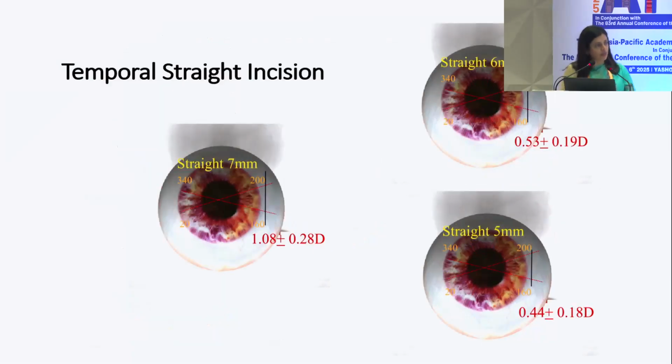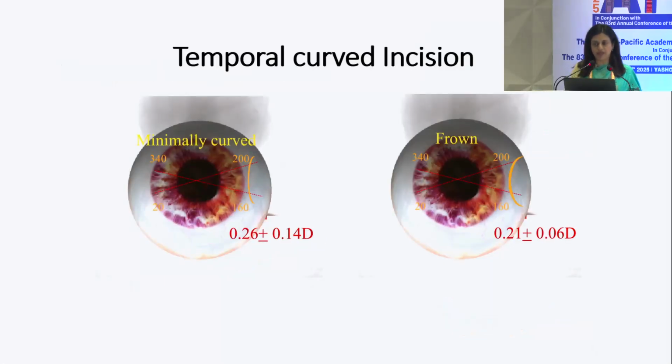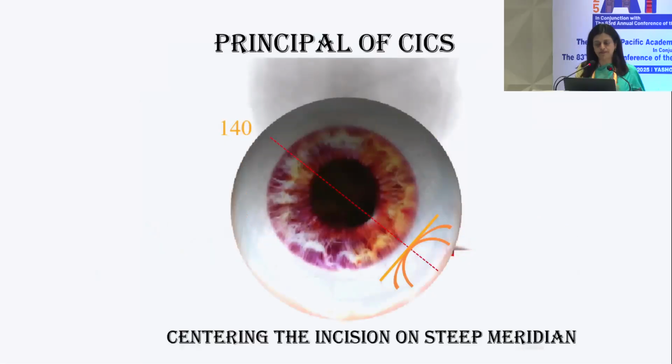As we are aware, temporal incisions are weak in neutralizing or inducing astigmatism. A temporal straight incision of 7 mm induces or neutralizes only 1 diopter. Further reduction in the size of the incision again reduces the magnitude of astigmatism, and temporal curved incisions do not induce any surgically induced astigmatism.